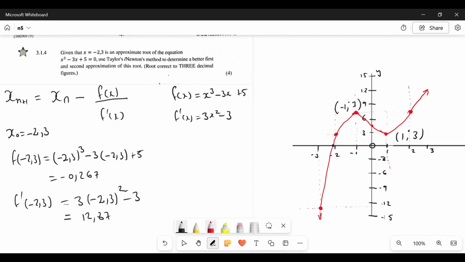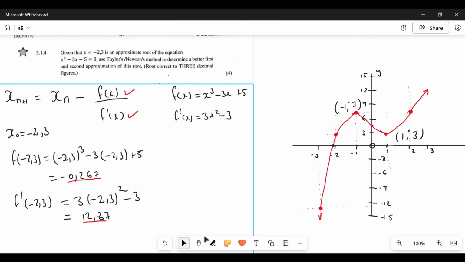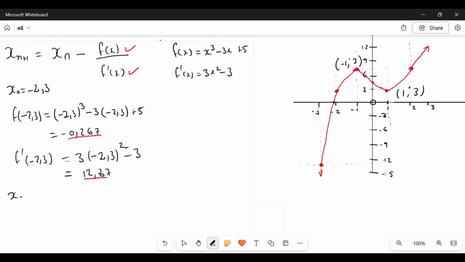Now let me just highlight here. This one, when you substitute in the formula, goes there on the f of x, and that one goes there on f of x prime. So let's do some substitution. Let's create a little bit of space so that we can get the right answer. Now we find x1.